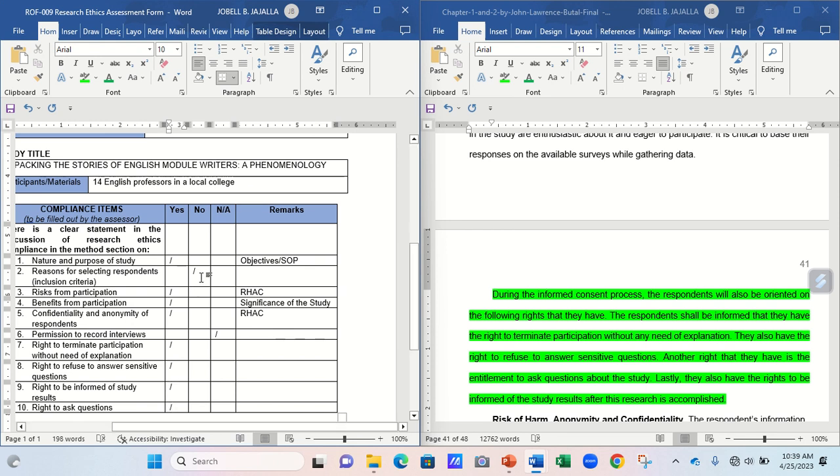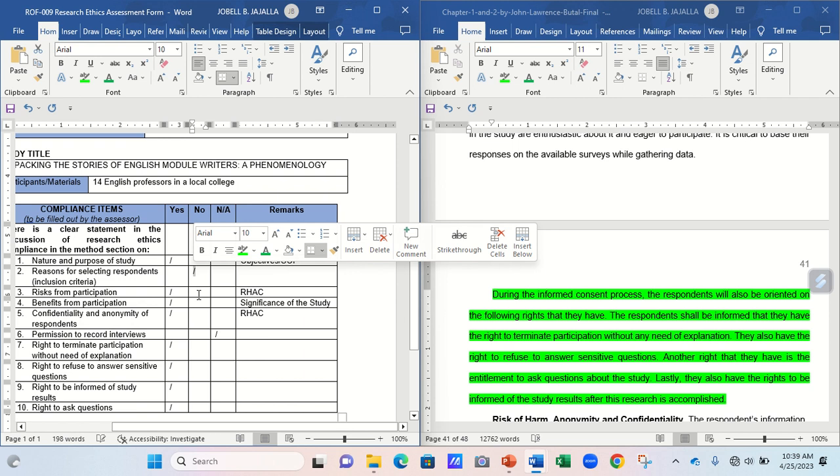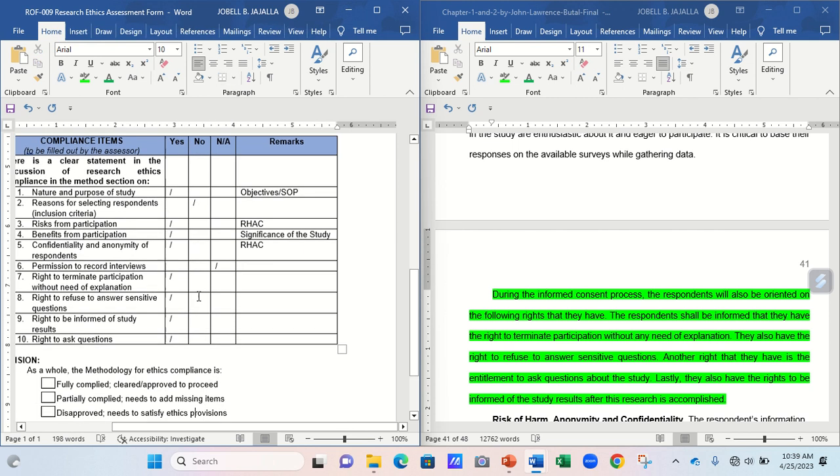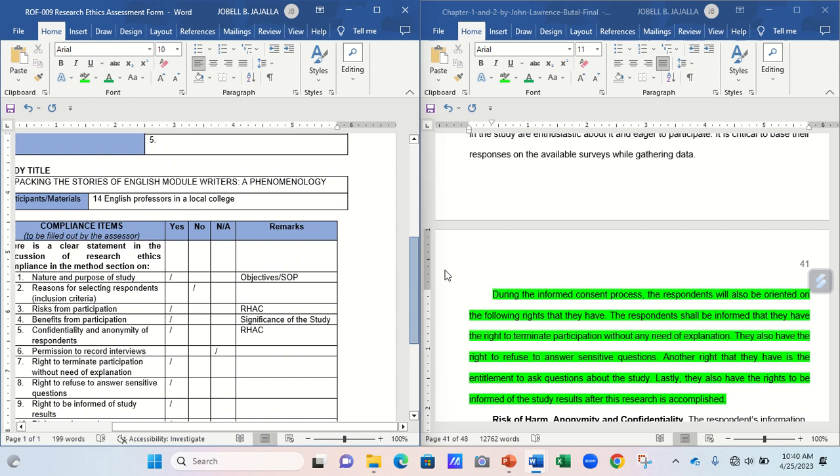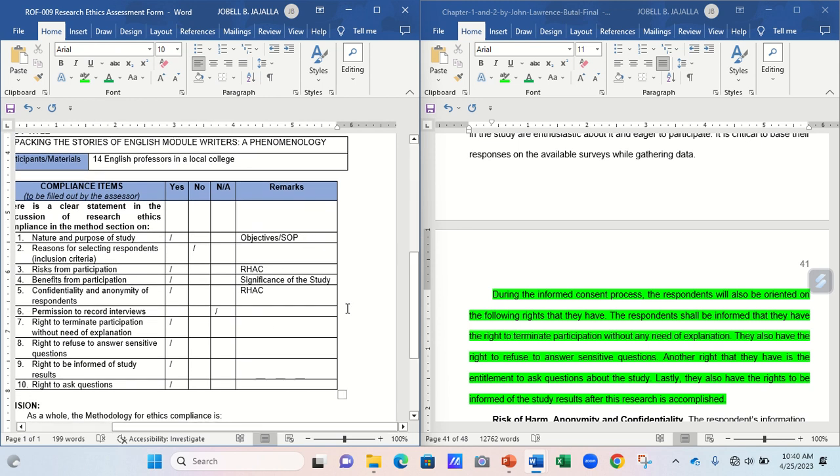Now, since na may isa ka no diri class or kulang, pasabot ana diri as ubos, ang verdict nato diri is partially complied lang ta. This is only partially complied because naa may kulang. And by partially complied, pasabot ana is mobalik no, mag-print usab, mag-edit usab, mobalik usab si researcher para ipa-reassess ang iyahang paper.